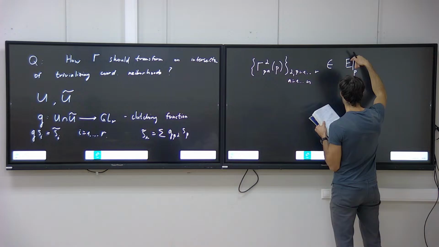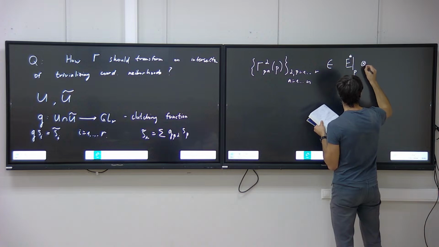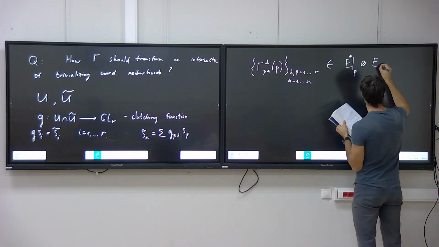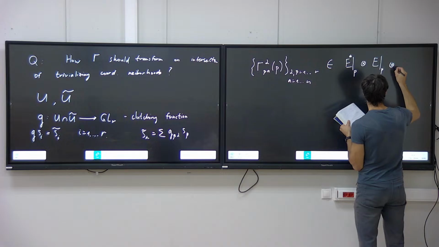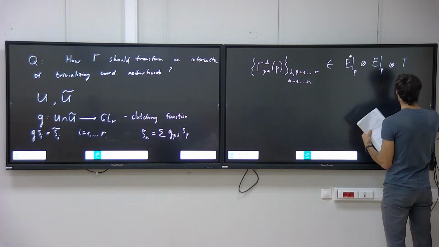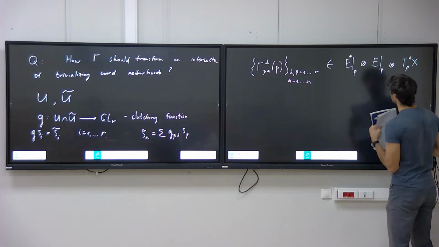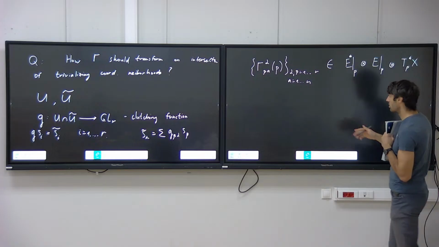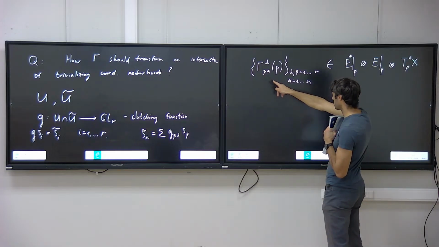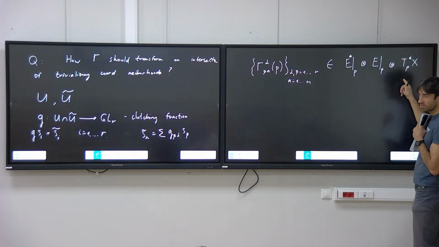the fiber at P of E star, tensor the fiber of E at P, tensor T_P star X. We have three indices, so we need to make sure which index corresponds to each factor.